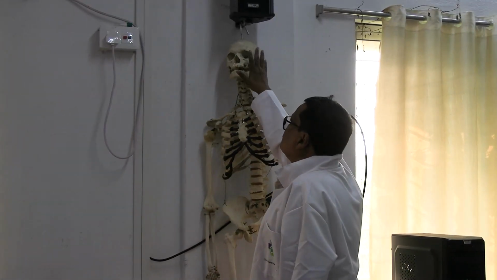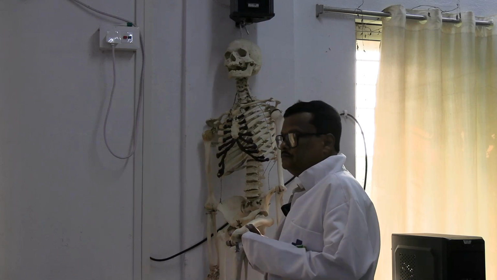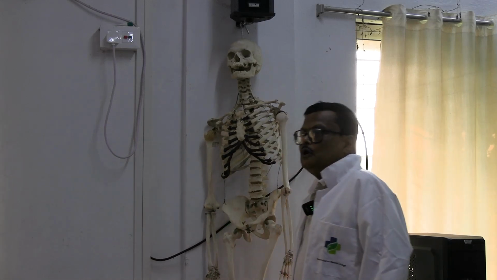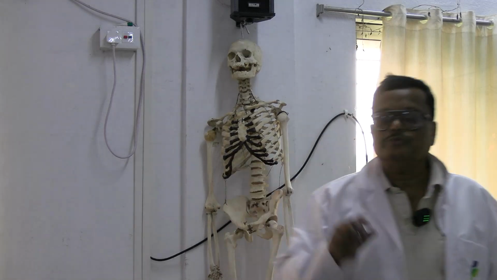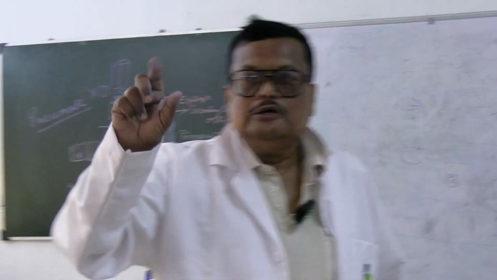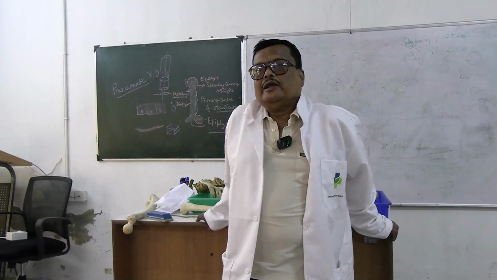Look, so these are the pneumatic bones. There is another bone here, the patella, which is present within a tendon. There are some exceptions here, and as it looks like a seed, some seed of some fruits. Seed means sesame in Arabic.